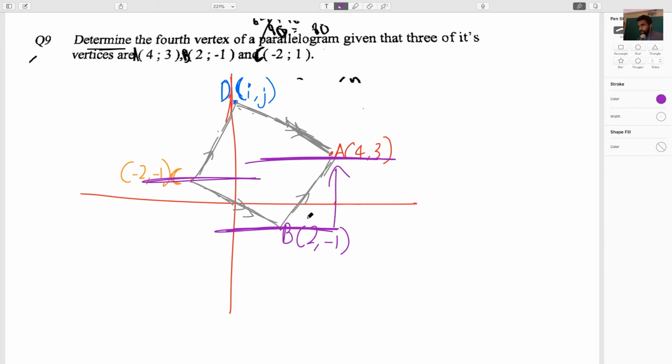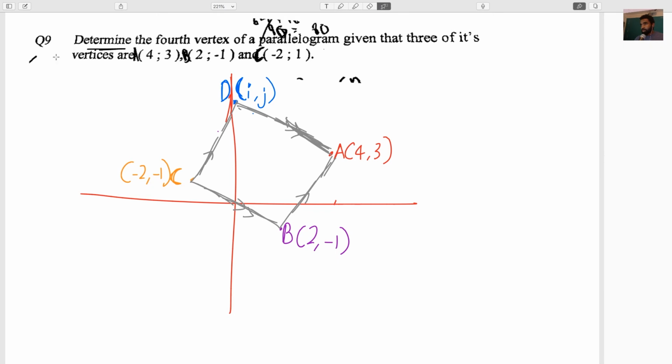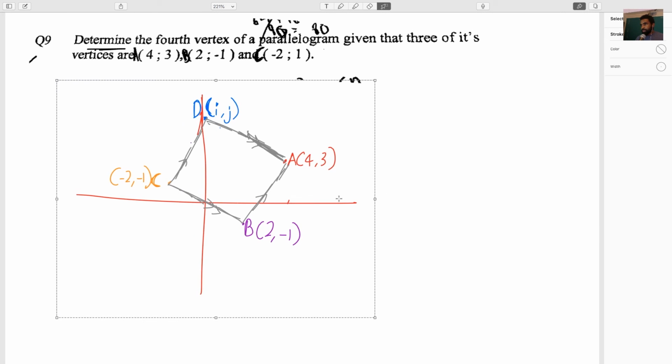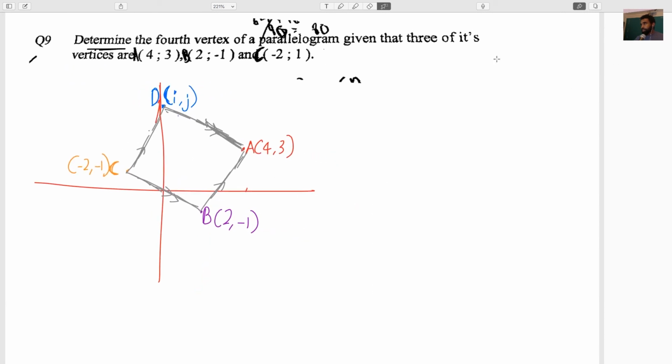Now let's see how we can write it in a way that your teacher will give you the points, because if you don't write it in a good way, they might not give you the points because they'll say you didn't explain it well. So here's how we're going to write it.